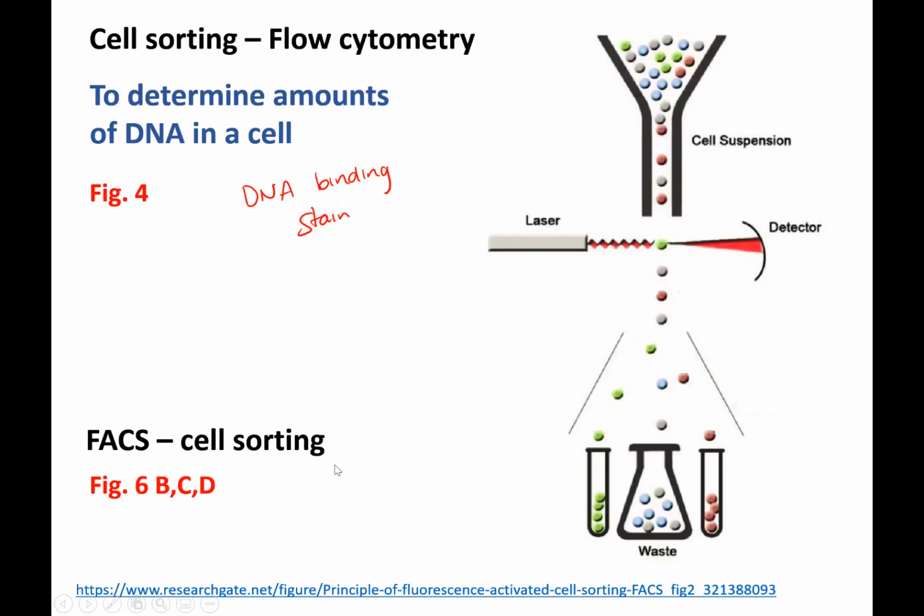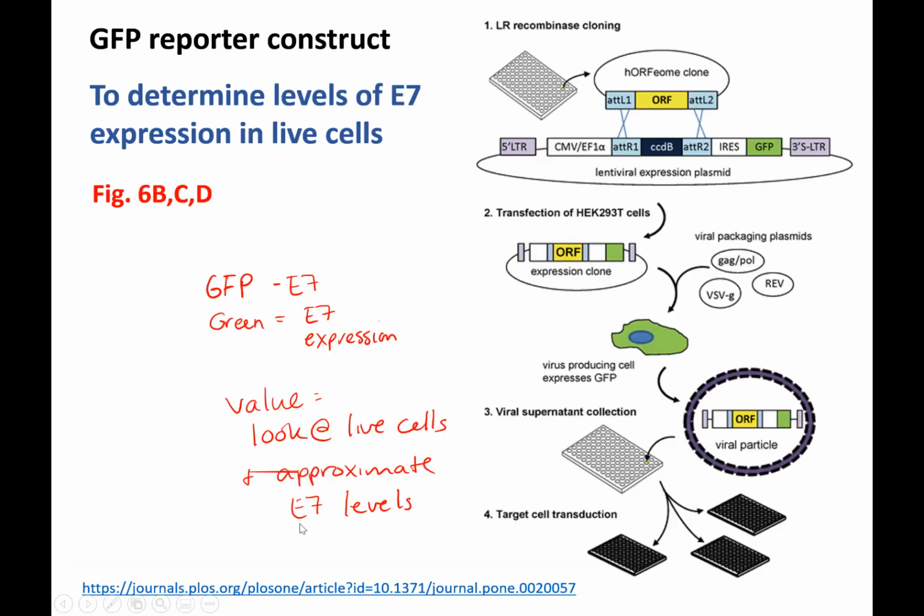We can do FACS, which is cell sorting based on flow cytometry, and you can sort, for instance, the high and the low GFP expressing cells, which will mean you have a population you can sort into test tubes of high expressing E7 and low expressing E7, because the E7 levels are approximate to the green fluorescent protein levels. So what they're doing here is looking at whether it matters how much E7 is being expressed as to how alisertib works.